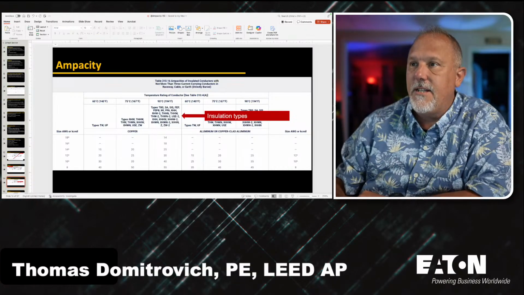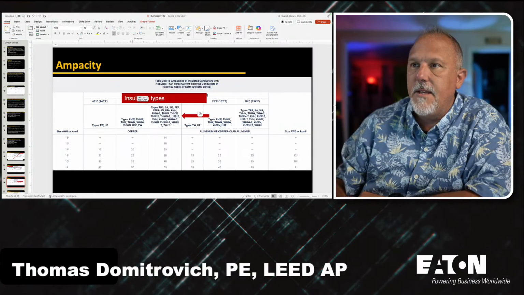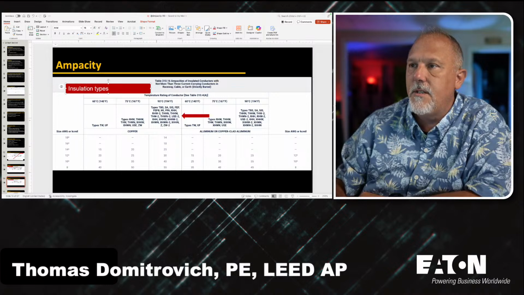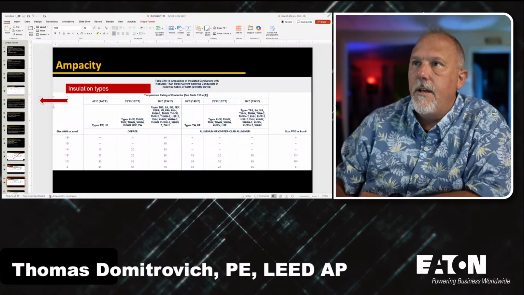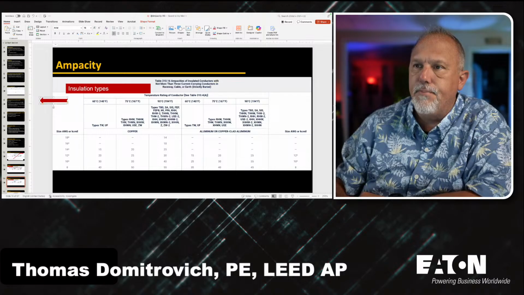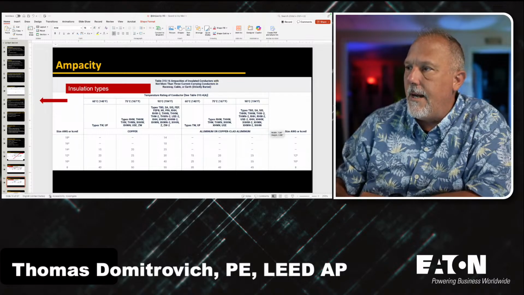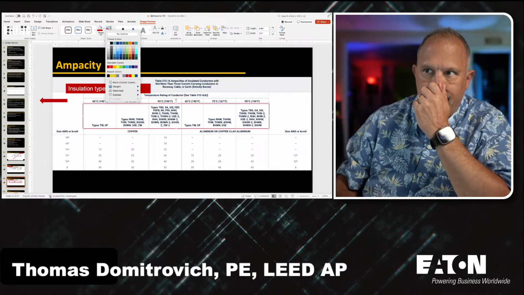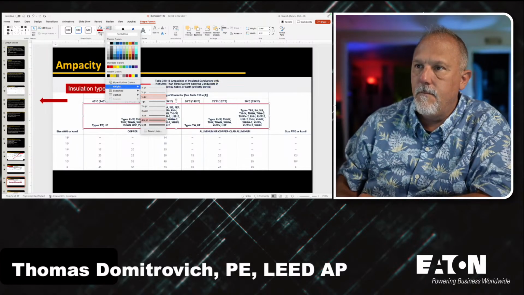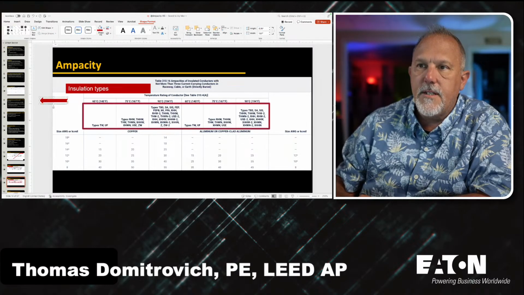Then I have my insulation types, and I'm going to do the same thing I did. I'll move that over here, highlight this, give it a nice big red, put the weight in there, turn this on its end, shorten it up, and move it right like that.